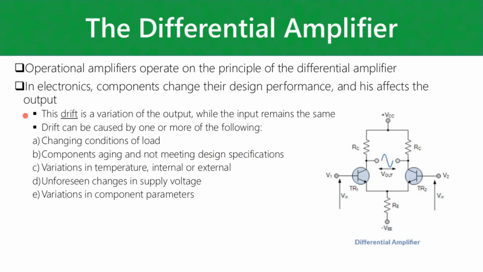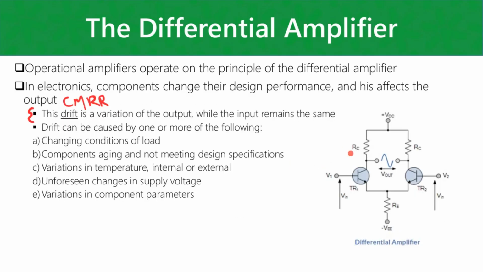Another thing I want to make a note on here is the drift variation of your output. This is part of something we call common mode. That's why we have the common mode rejection ratio for op amps. That's basically the ability of the op amp to reject noise and signal drift.